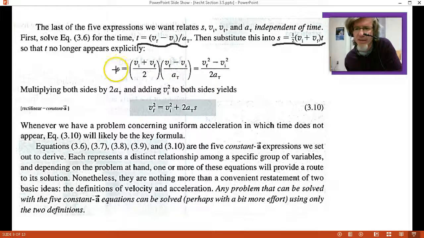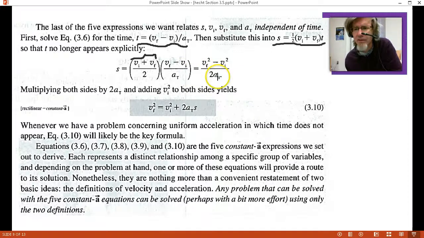So remember, distance equals average velocity. This is average velocity. See the average velocity initial plus velocity final divided by 2. And then this is the equation right up here that they've got. Yeah, this is the average velocity times the time. So this is the distance you traveled, average velocity times the time.